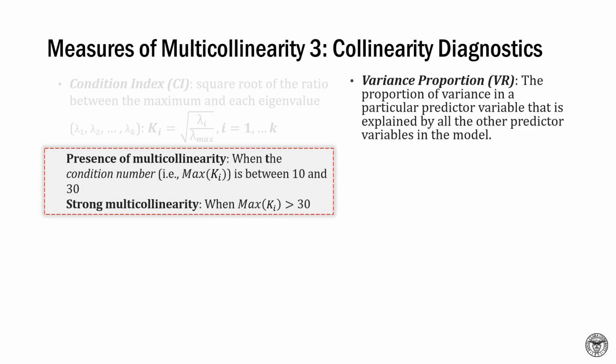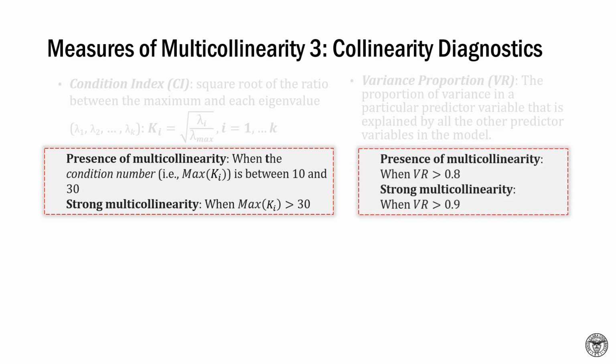Each explanatory variable has variance decomposition proportions corresponding to each condition index. The total sum of the variance decomposition proportions for a single explanatory variable equals 1.